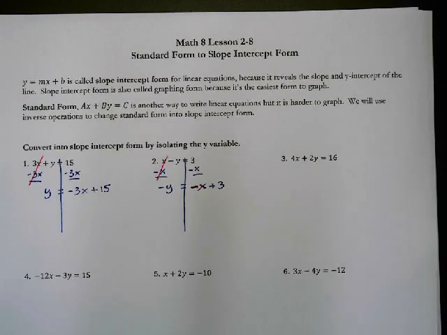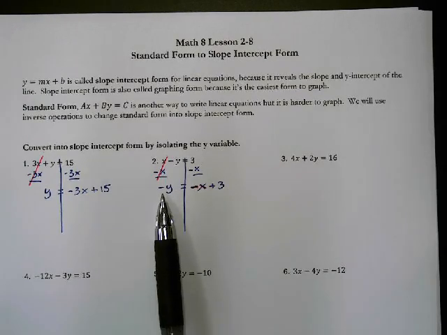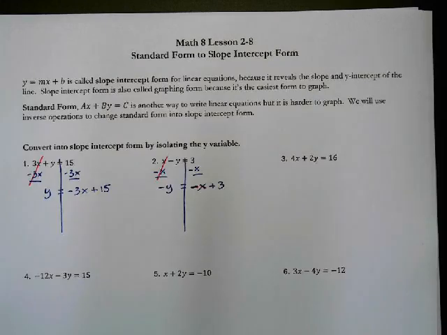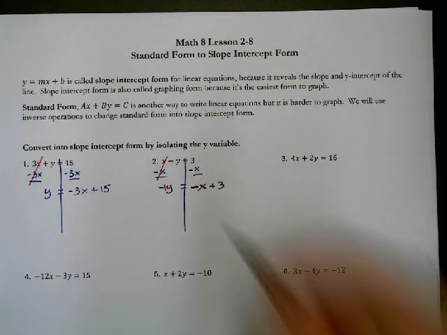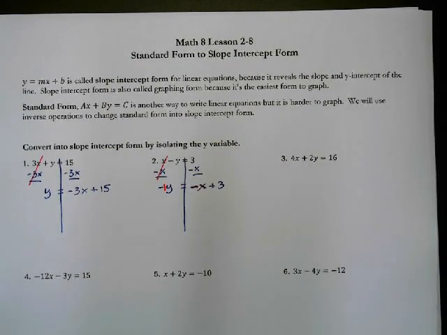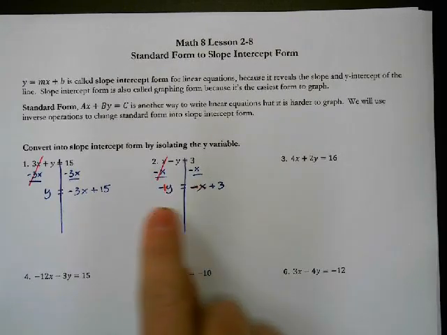But I am not done. I have not isolated y. Right now, y has a negative 1 in front of it. Isolated means that there's nothing in front of that. So I need to use my multiplication property of equality, which means that I can get rid of this.